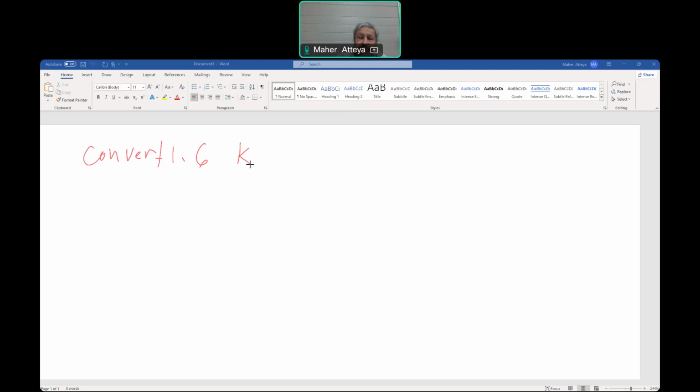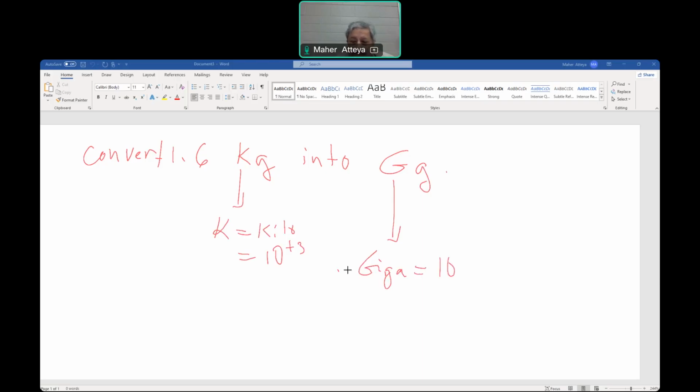We can do anything we want, but let's take the mass, kilograms, into gigagrams. As you can see, K stands for kilo, and it's equal to 10 plus 3. G is giga.